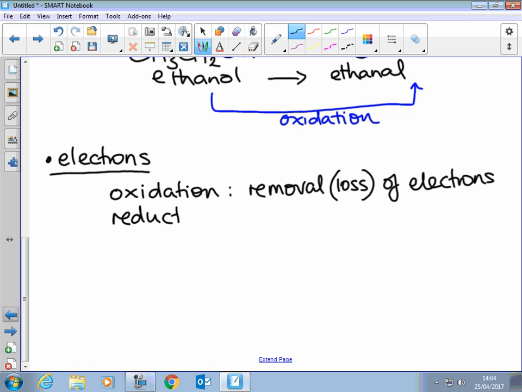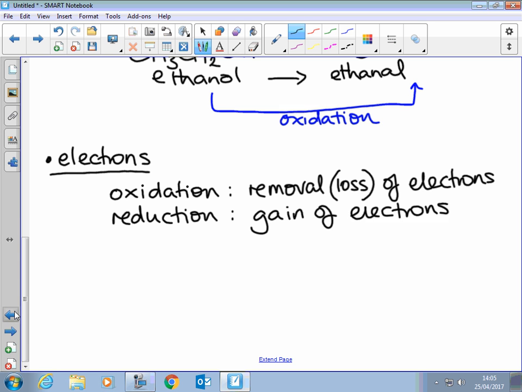So oxidation is the removal or the loss, and reduction is the gain of electrons. I wrote the word removal before I thought about the way that you usually remember this. The way I remember it going back to my A-levels was oxidation is removal of electrons, O-R-E, just spelt the word ore, and then reduction was the other one.